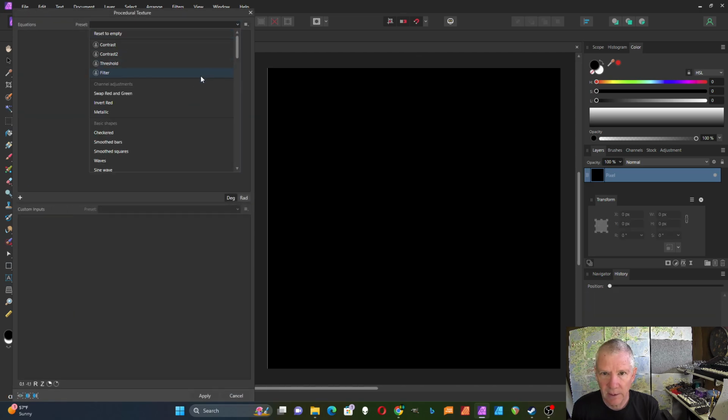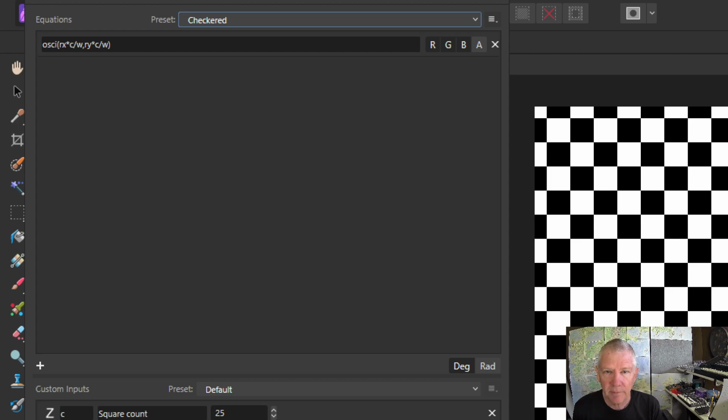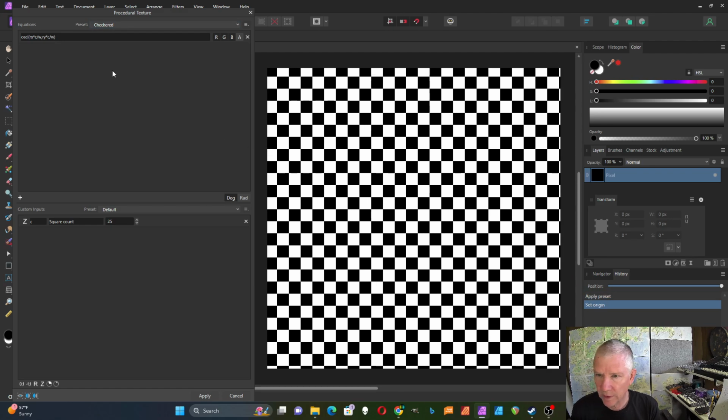And the first thing I want to look at is this checkered filter. If I look at the formula for this, I see it's osci, oscillator I, parentheses, times Rx, parentheses, Rx times C divided by W, and Ry times C divided by W. Now I know Rx is the relative X and Ry is relative Y. And I know that W is the width of the document, so I'm dividing it by W for some reason.